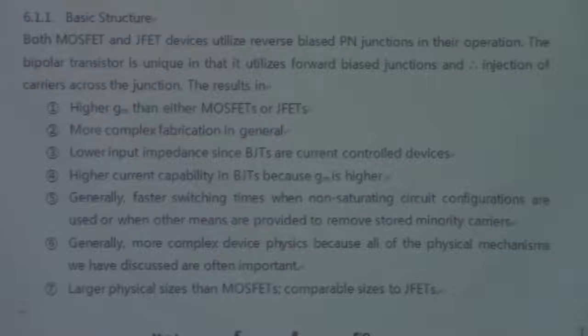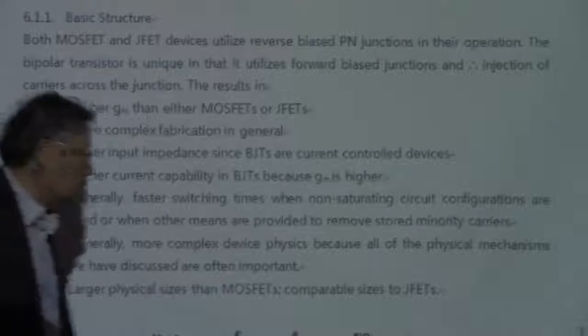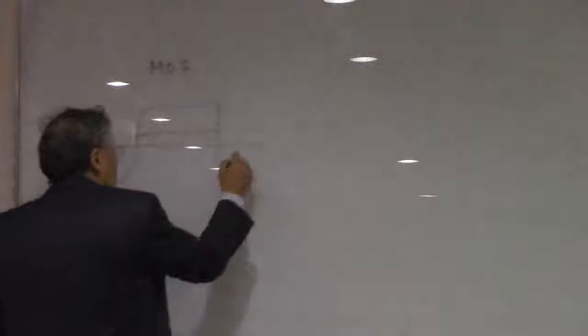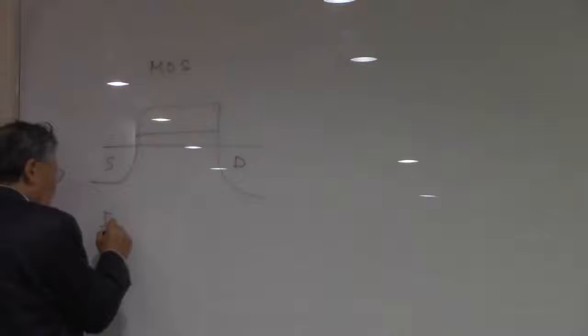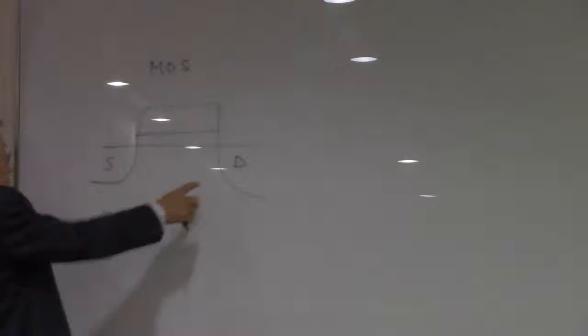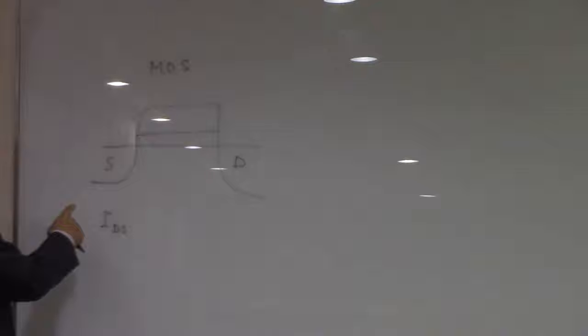All right, let me discuss the transistors. It looks like this, okay? And source and drain. So we are talking about the IDS, the current between drain and source, controlled by the gate voltage.